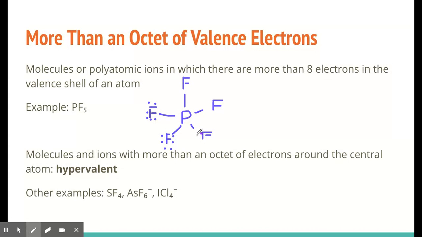How many valence electrons does that phosphorus have around it? It has 10. The 5 bonds give me 10 electrons. Molecules and ions with more than an octet of electrons around the central atom are called hypervalent.